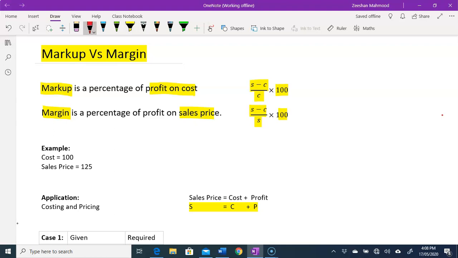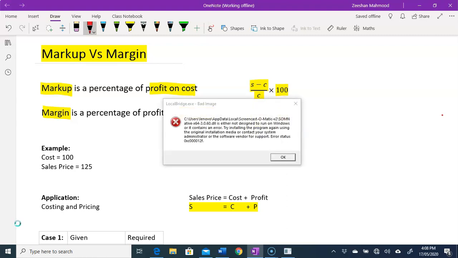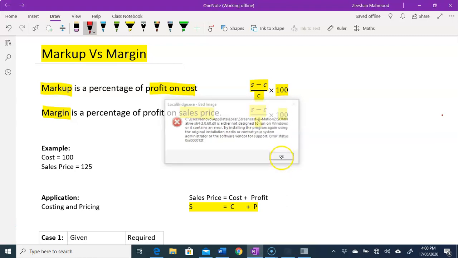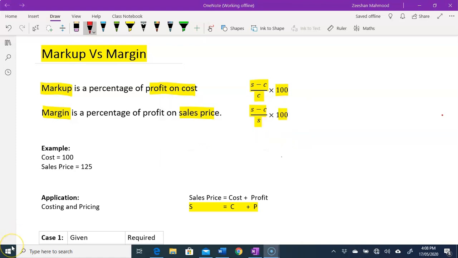Now let me explain this again with one example. In this example, the cost of the product is $100, whereas the selling price is $125.